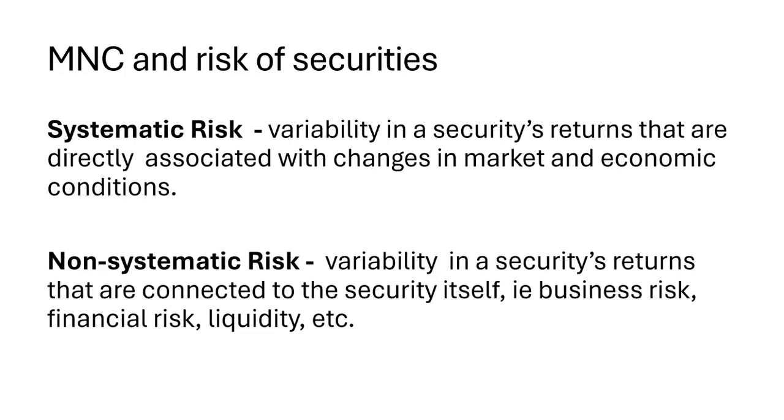All right, this is a real macro view here, versus a non-systematic risk, where this is the risk of the security itself, of the loan itself. Are there risks of the business? Is there financial risks? Is there liquidity issues? All of those. These are specific to the type of security or the type of method you're using.